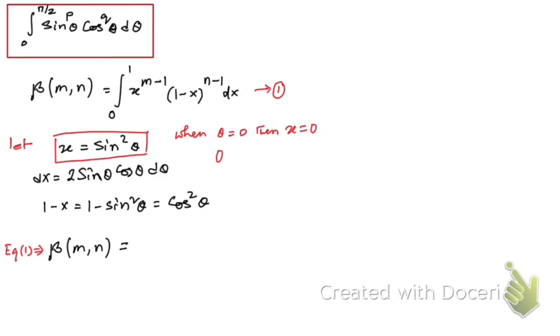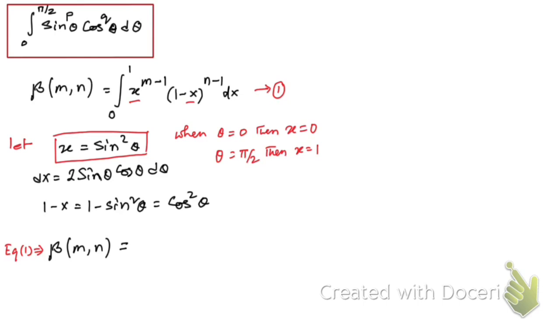And when theta is pi by 2, then x is equal to sine square pi by 2, and sine pi by 2 is 1, so 1 square is 1. In that case x is equal to 1, right? So when we replace x by sine square theta, we can replace these limits by 0 and pi by 2, right?